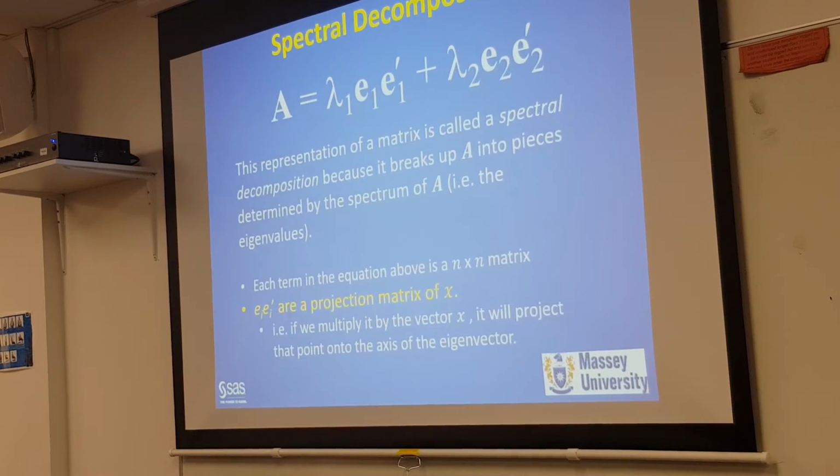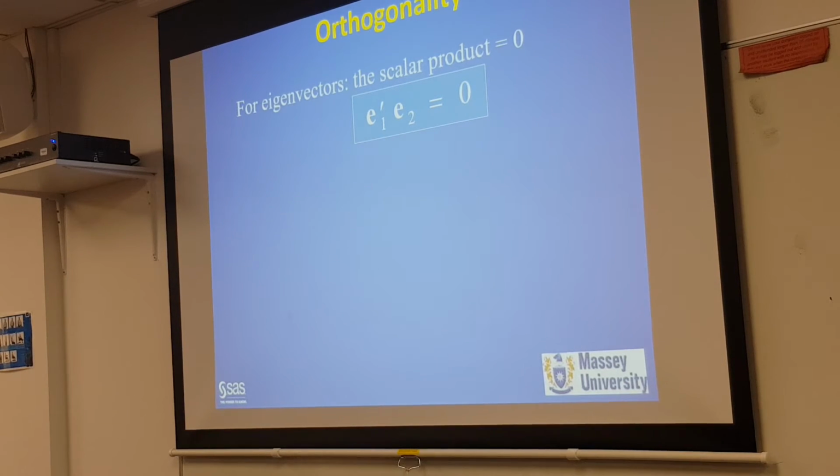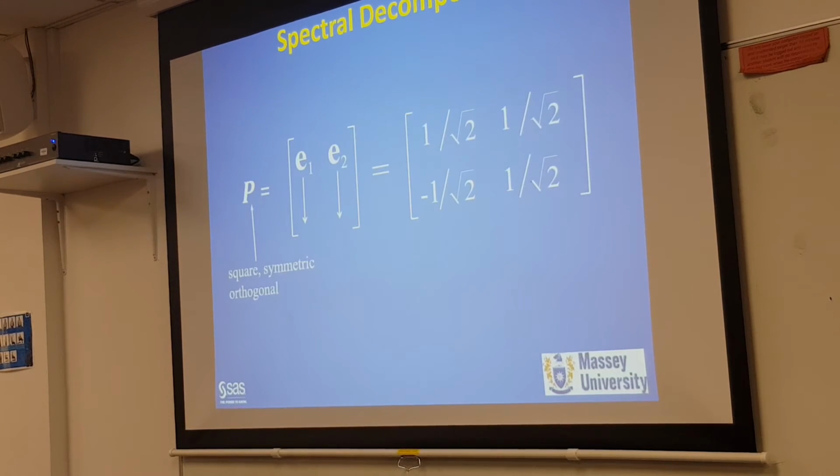Okay, so where are we? We're up to the spectral decomposition. So for your eigenvectors, the scalar product is equal to 0, E transpose E. For this P matrix that we're going to calculate, the P matrix is basically the matrix that comprises all of your eigenvectors.